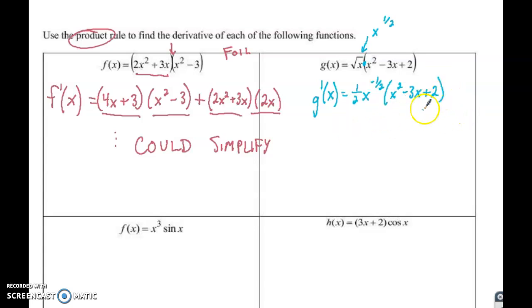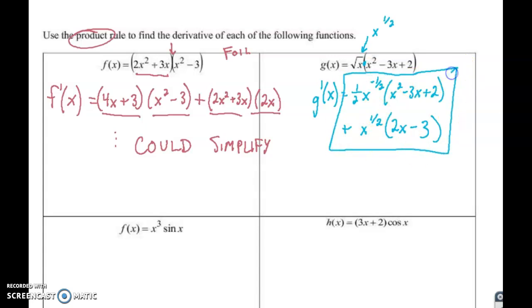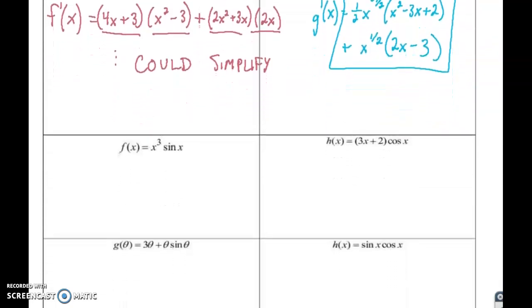And I don't have much room, so I'm just going to write it directly underneath. Plus, leave that x to the 1/2 power alone times the derivative of the next piece, which is 2x minus 3. So for our purposes, this is good enough, but that's about it. So this is another problem that if you wanted to, you could have FOILed it out, or just distribute it out first and then take the derivative.